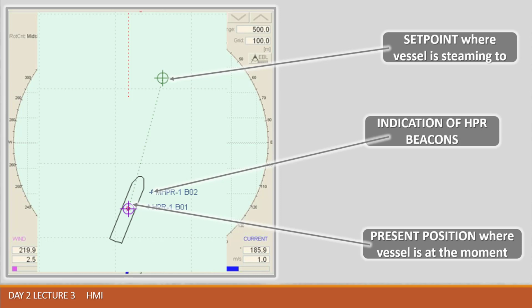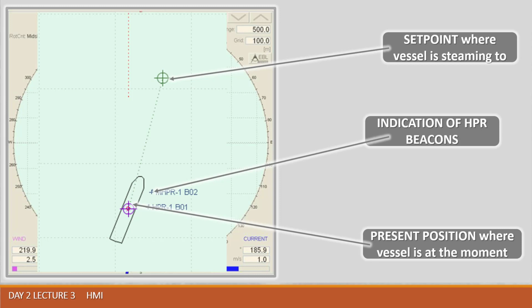MHPR means that the DP has an input from a mobile hydroacoustic position reference beacon, and the number for it is number 2. So the other equipment incorporates with DP equipment, and DP displays the inputs graphically. Remember that.